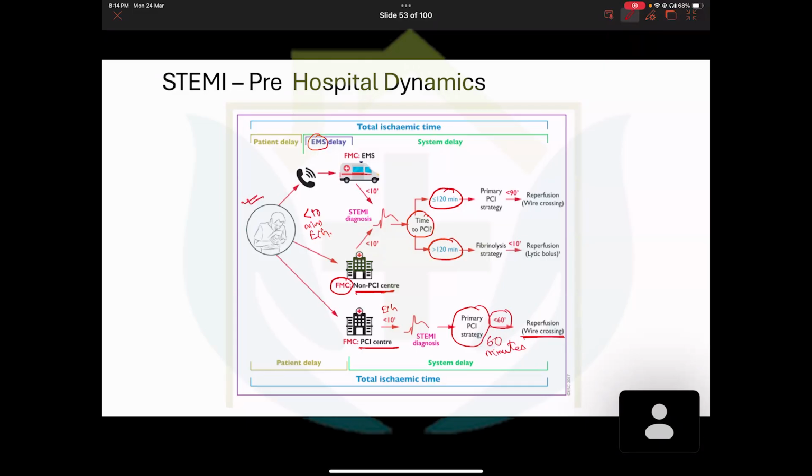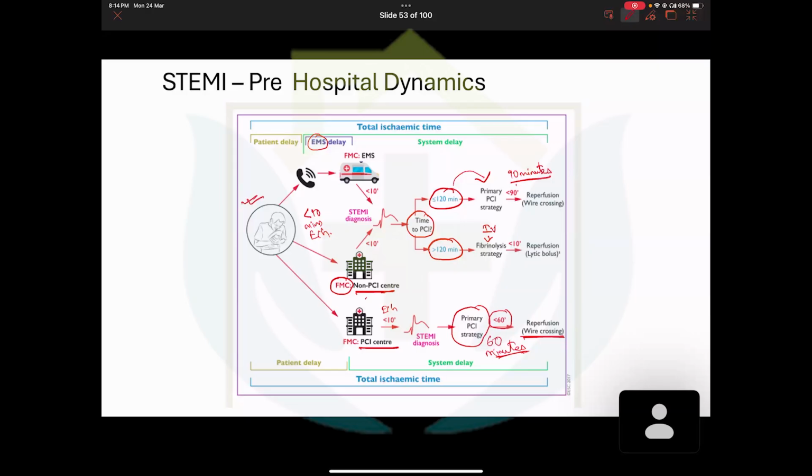If under 120 minutes, shift the patient for primary PCI, and then the time increases to 90 minutes. And suppose we have shifted to a non-PCI center and the time to PCI is more than 120 minutes. Then we have to go for the IV fibrinolytic strategy, right?